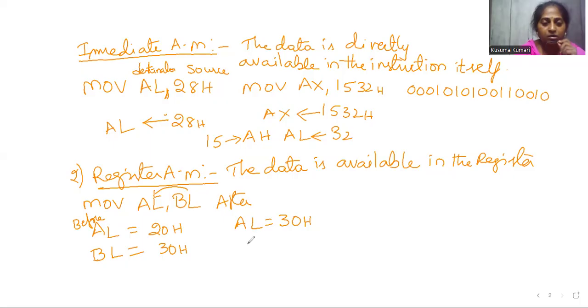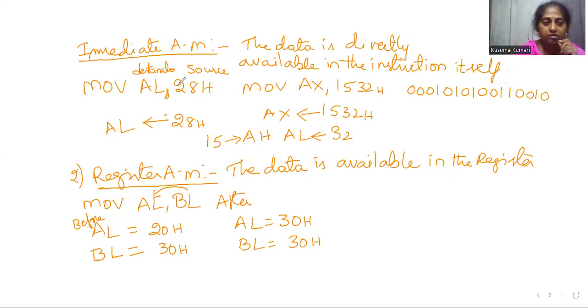What about BL? The BL register contents remain the same. It is just like a copy. The data is copied from the BL register to the AL register, or simply the data is transferred from BL to AL. Here, whatever data we are transferring is specified in the register.